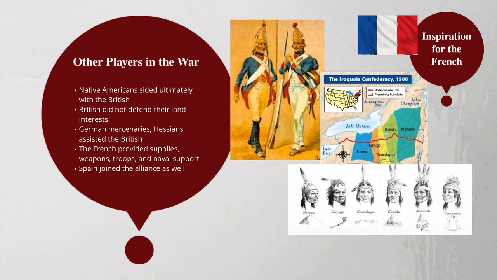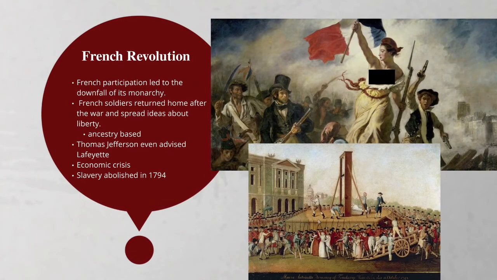So, with the French being involved in this, what happened was that those soldiers bring home stories of American independence, all of the values of equality, brotherhood, fraternity, liberty, all of that goes over to France.